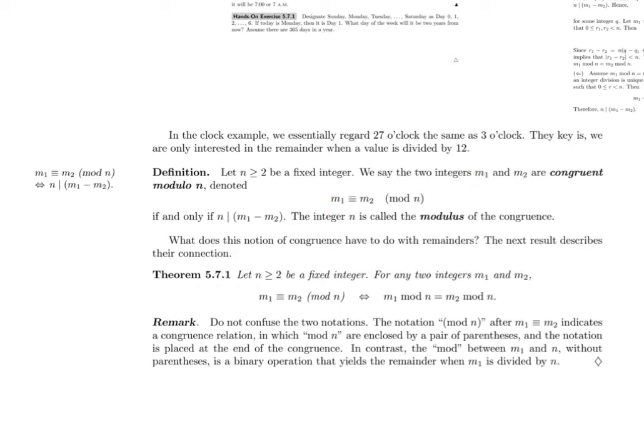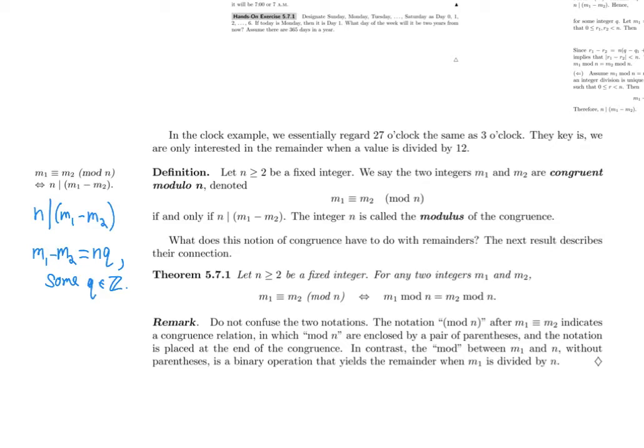So what does the definition say? m1 is congruent to m2 modulo n if and only if n divides m1 minus m2. We call n the modulus of the congruence. So think for a moment about what that means. Remember what divides means. n divides m1 minus m2 is the same as saying m1 minus m2 is equal to nq for some integer q.